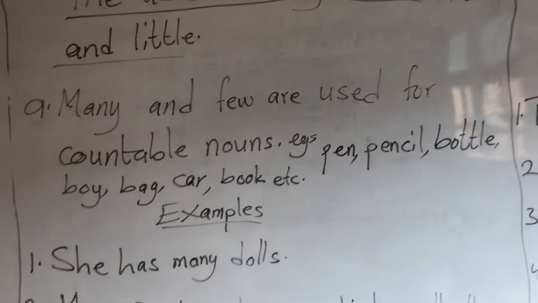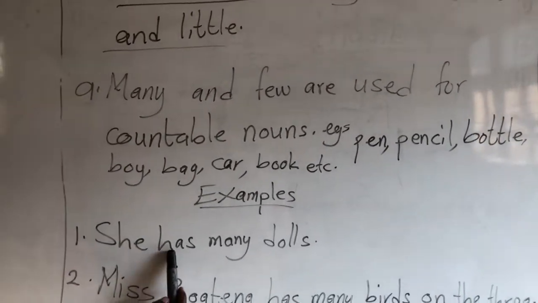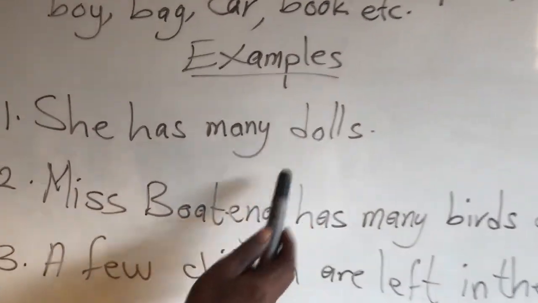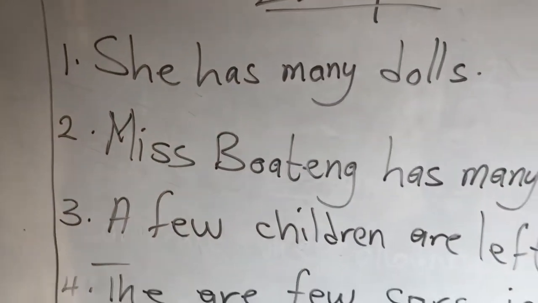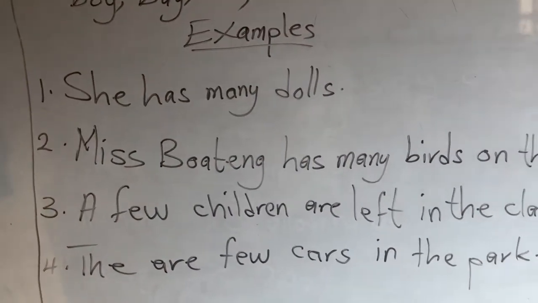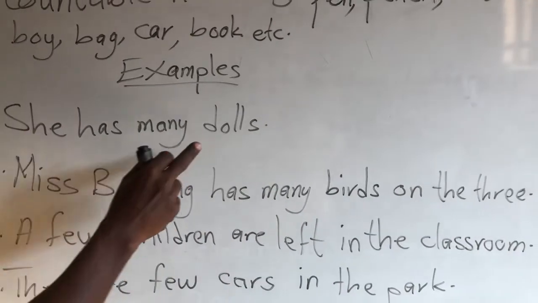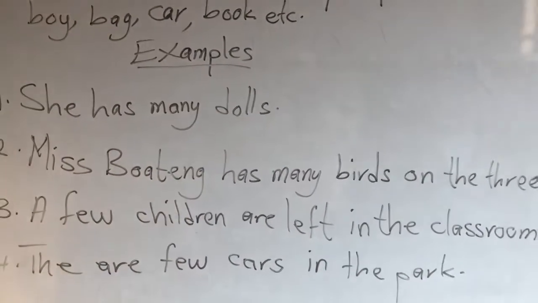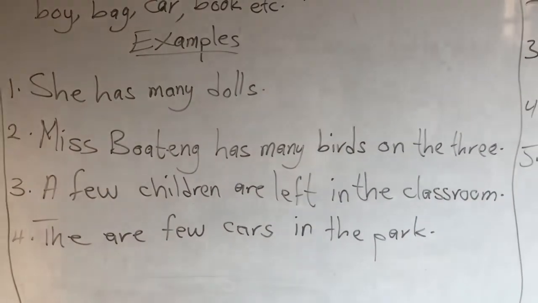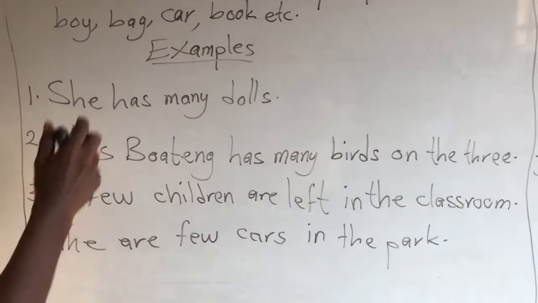Let's continue with some examples. She has many doors. How many doors is she having? Meaning we can count the number of doors she's having. Many doors can be counted. She has 2 doors, 3 doors, 4 doors. So we use many for it.